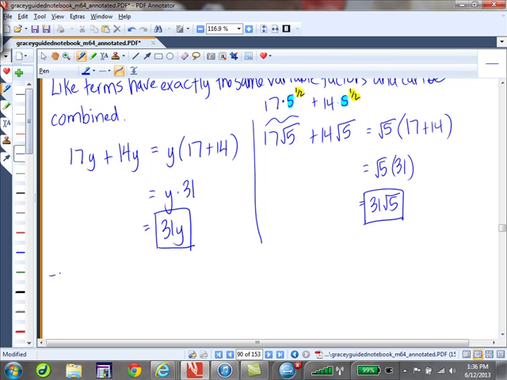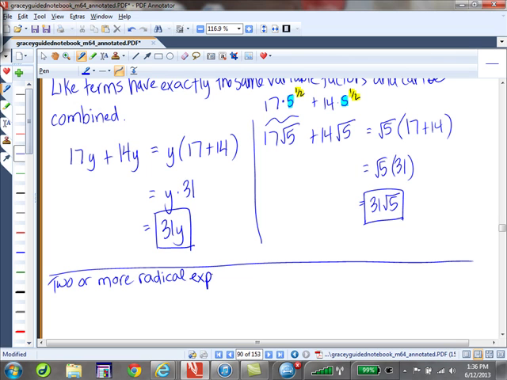So let's write that in. Two or more radical expressions that have the same indices and the same radicands.